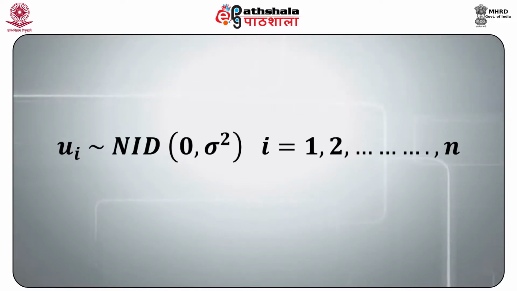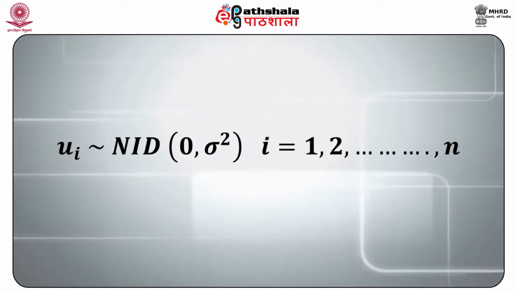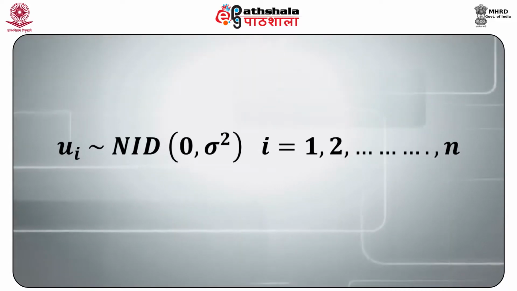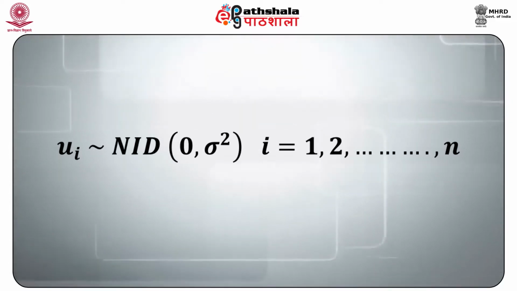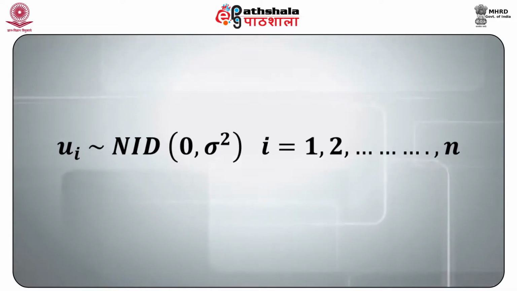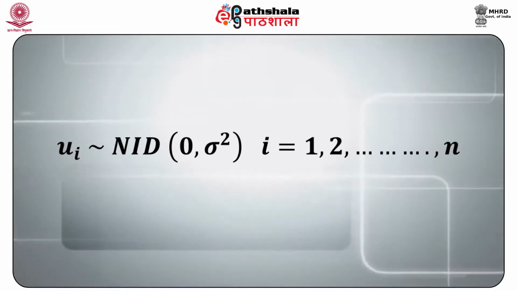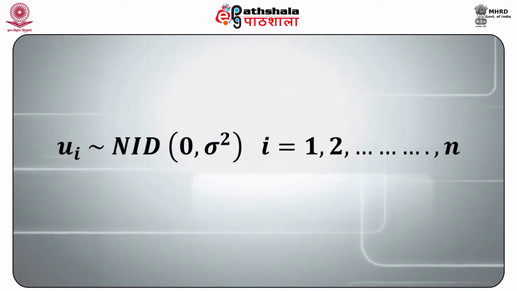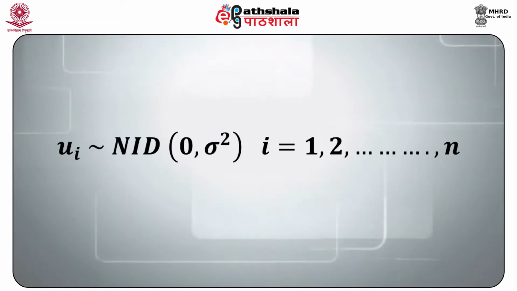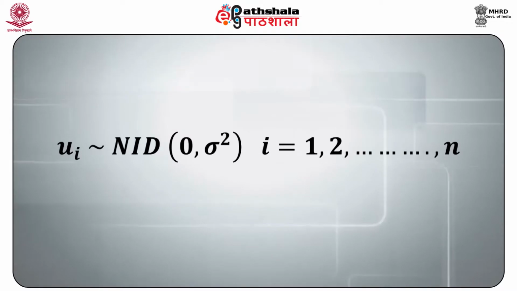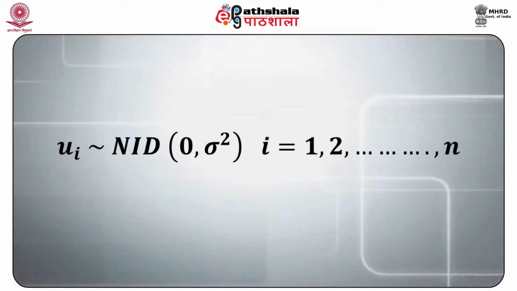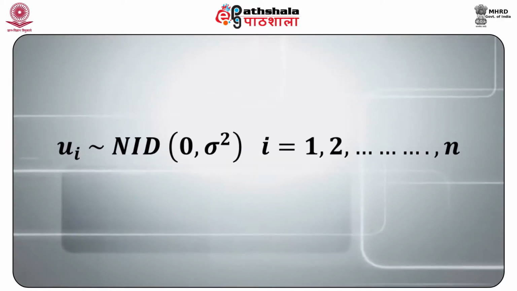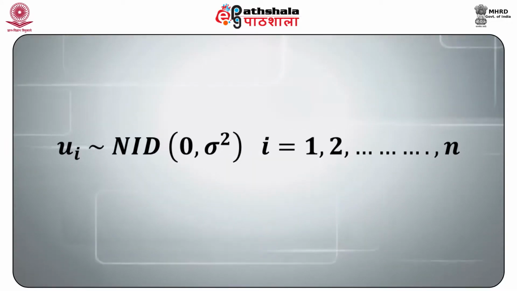Another assumption which we make in our entire Gauss-Markov theorem is assumption 9, which is that the disturbance term mu i is assumed to be normally distributed. However, this assumption is required not for estimation but mainly for inference, and it means that mu i is distributed NID, normally and independently distributed, with mean 0 and variance sigma square, where i is equal to 1 to n.